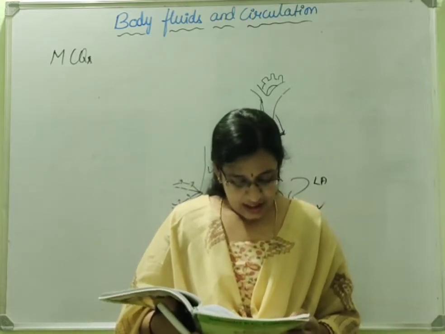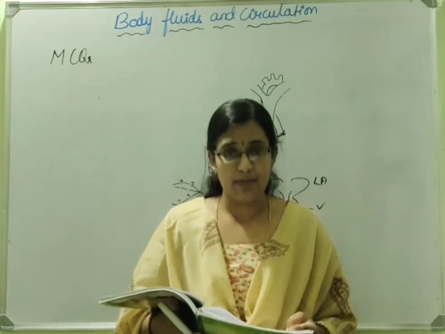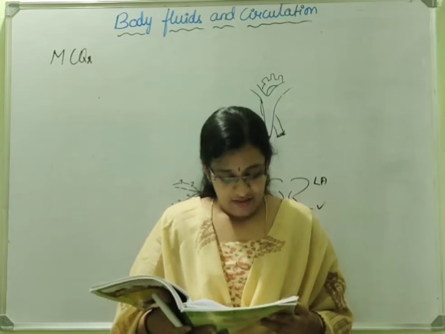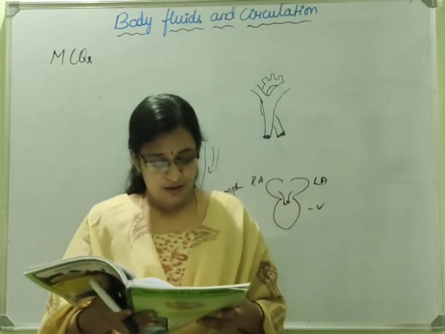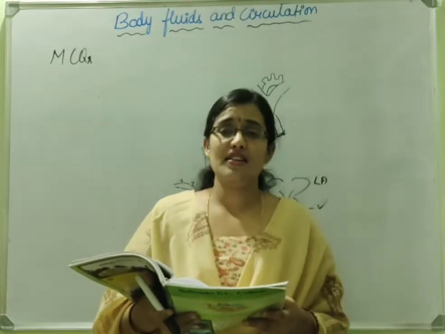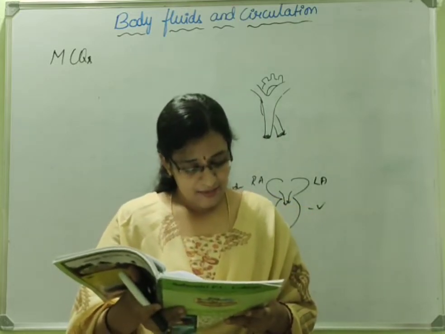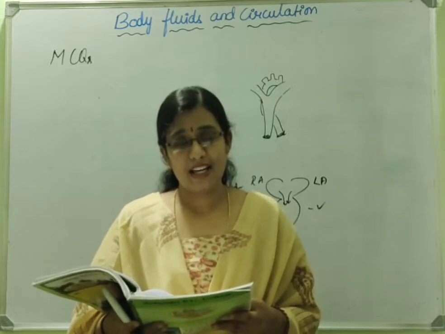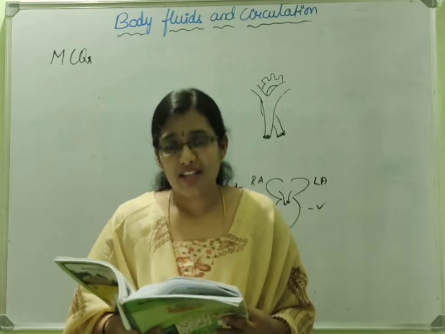Next question, the normal heart rate of 72 beats per minute is maintained by option A, SA node, B, AV node, C, ventricles, D, Purkinje fibers. So the constant heart rate is maintained by the sinoatrial node, because it is a pacemaker which maintains the pace of contraction.